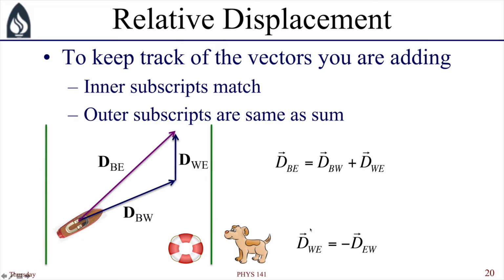To see that, think about riding in a car. Think about riding in the back seat of a car and looking out the window. If you define the forward direction of the car as being the positive direction, then someone outside the car watching you go by would see you being displaced in the positive direction.